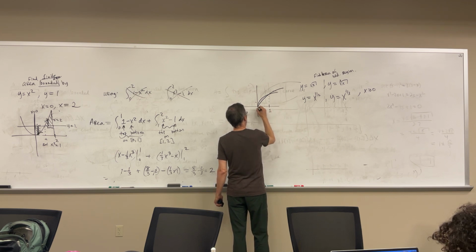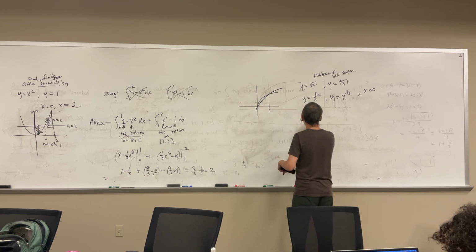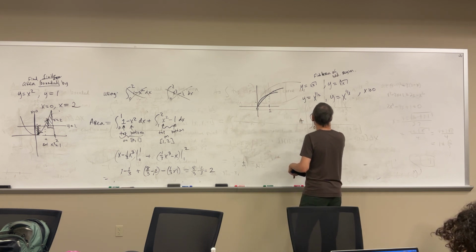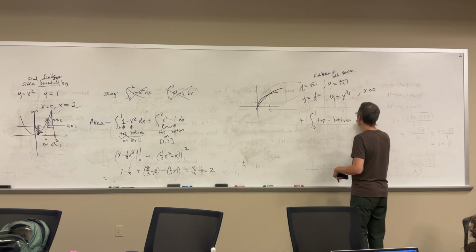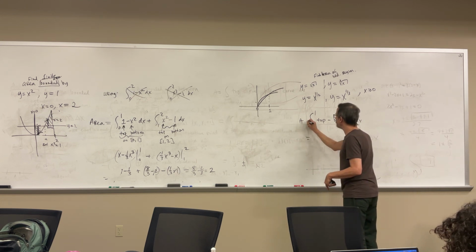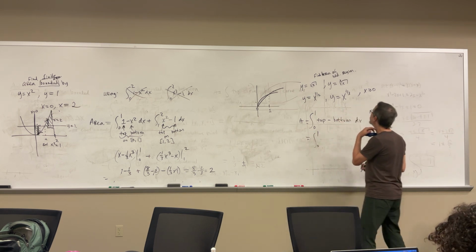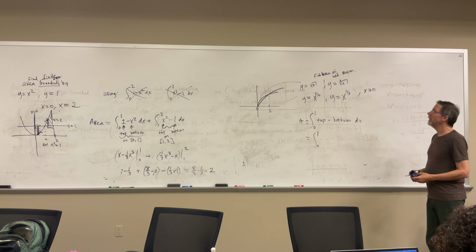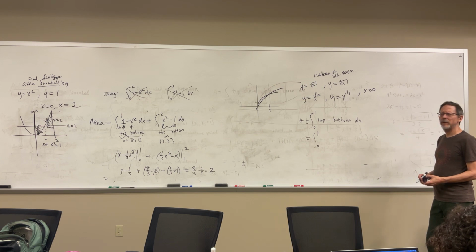Okay, so hopefully we're seeing that the intersection points are 0 and 1. So we know we're going to have this. We just have to figure out the order. Which one's on top in that interval?